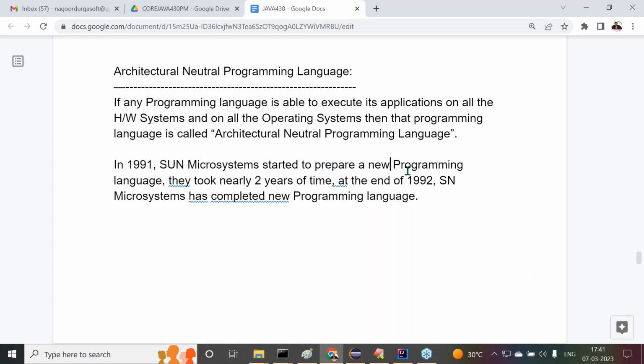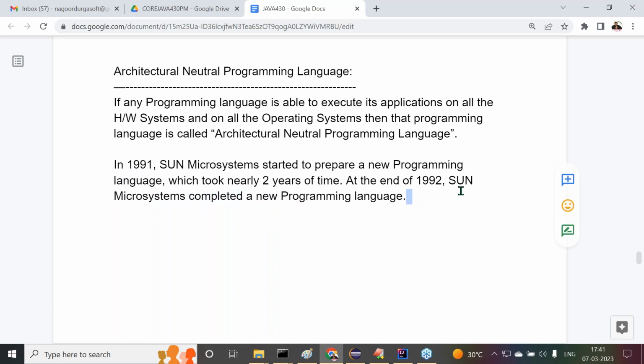Sun Microsystems started to prepare a new programming language, which took nearly 2 years. At the end of 1992, Sun Microsystems completed the new programming language. That is what Sun thought about it.